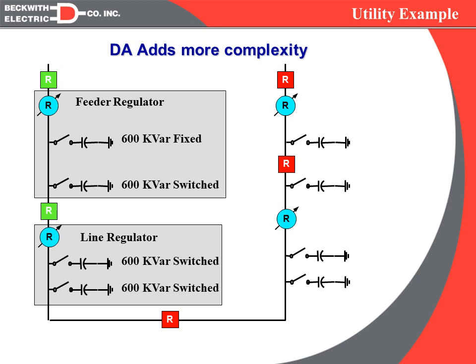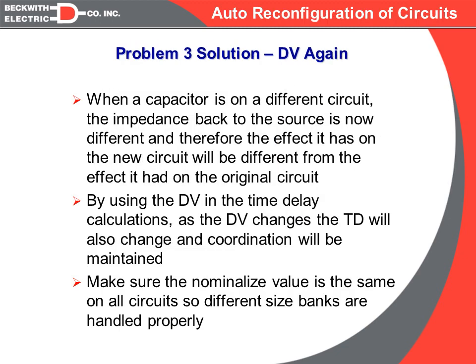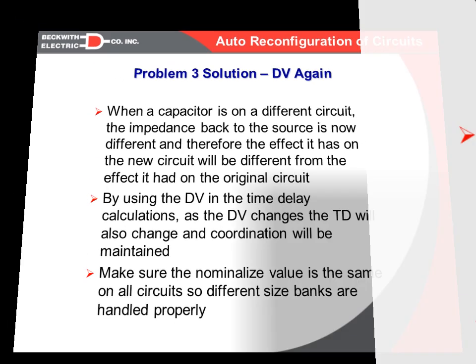So it's very important that when we use this auto-adaptive algorithm and we're going to normalize, that we pick the largest capacitor switch bank on the entire system and use that as the normalized value in all controls, so that we can reconfigure on any circuit and know that we maintain our coordination. So we definitely have to make sure that we do our normalizing.